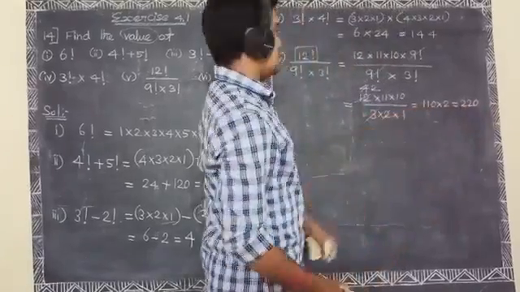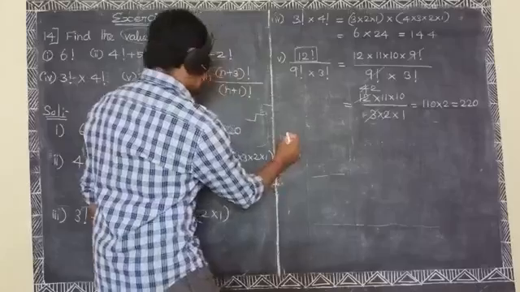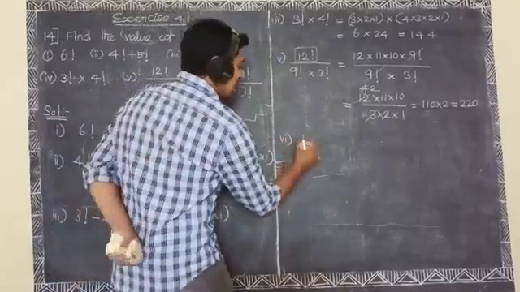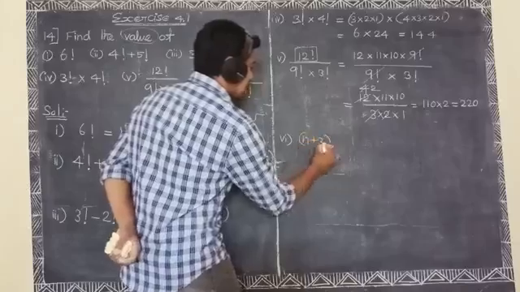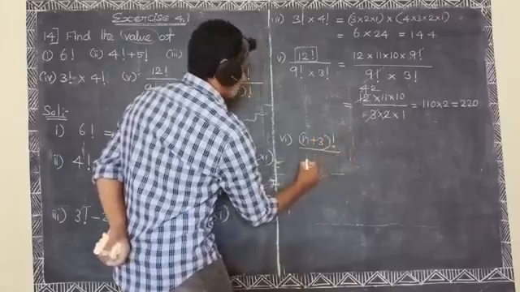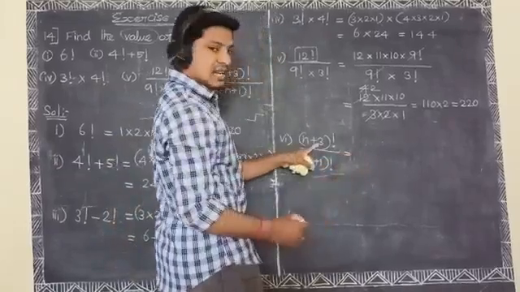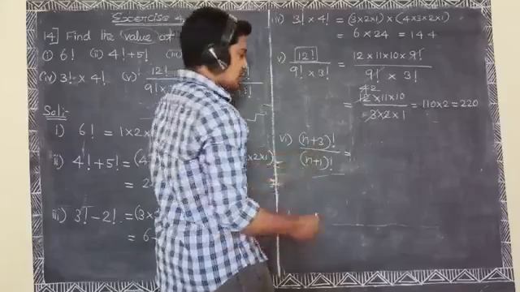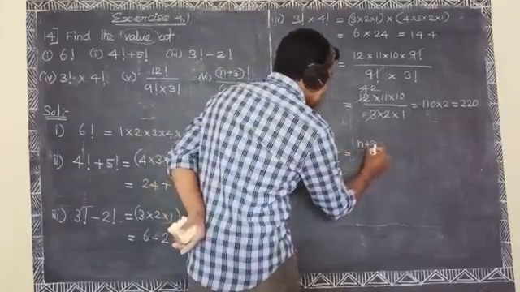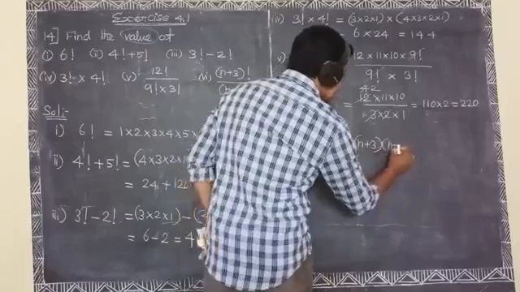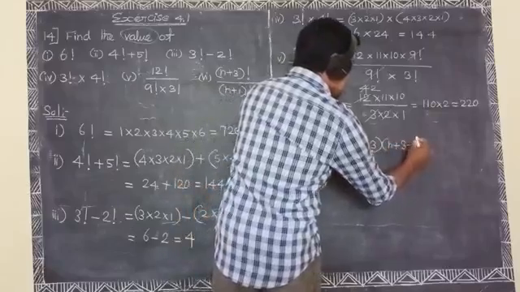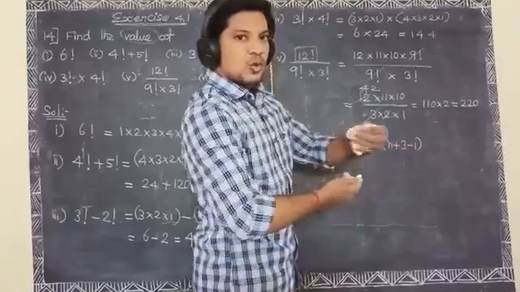Okay, 220. Then the sixth subdivision, n plus 3 factorial divided by n plus 1 factorial. Okay, which is equal to n plus 3 factorial. We can rewrite to n plus 3 into n plus 3 minus 1, that is reduces 1 by 1.